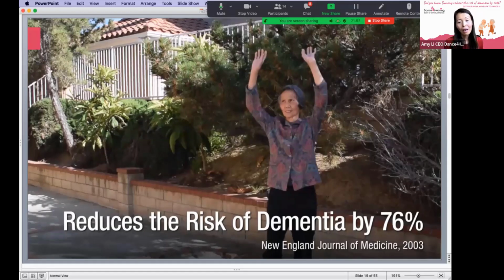And from a neuroscience perspective, your logical side of the brain is doing mathematical calculations for the musical beats, like 1, 2, 3, 1, 2, 3, 4.